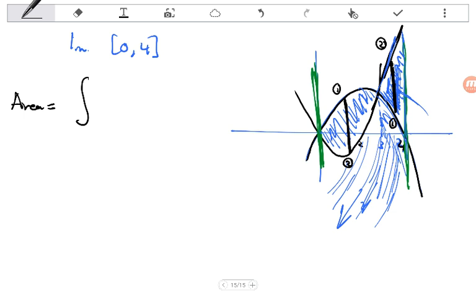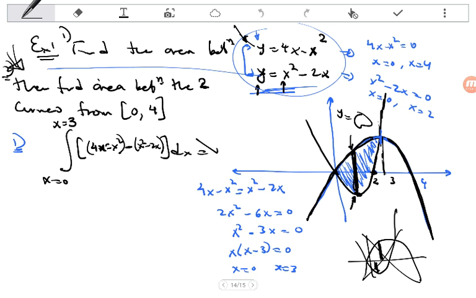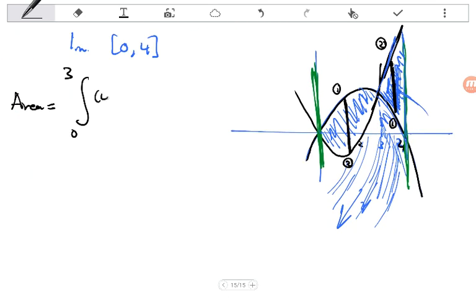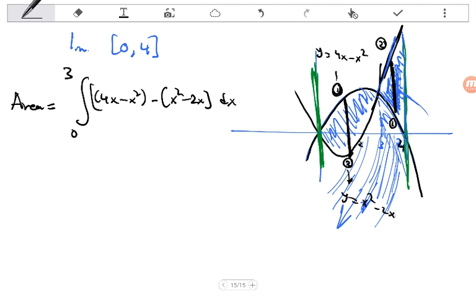The first integral is from 0 to 3, which was the same as the last problem. So it will be the integral of 4x minus x squared minus (x squared minus 2x) dx. That was the above curve minus the lower curve. That was y equals 4x minus x squared, and that was y equals x squared minus 2x.